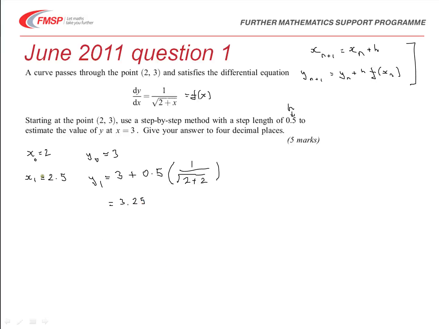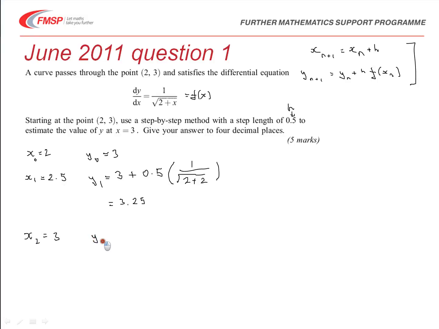So we've now got our new value of x and our new value of y. To apply the method again, we've got x2, so we take 2.5 and add on the step of 0.5, so this becomes 3.